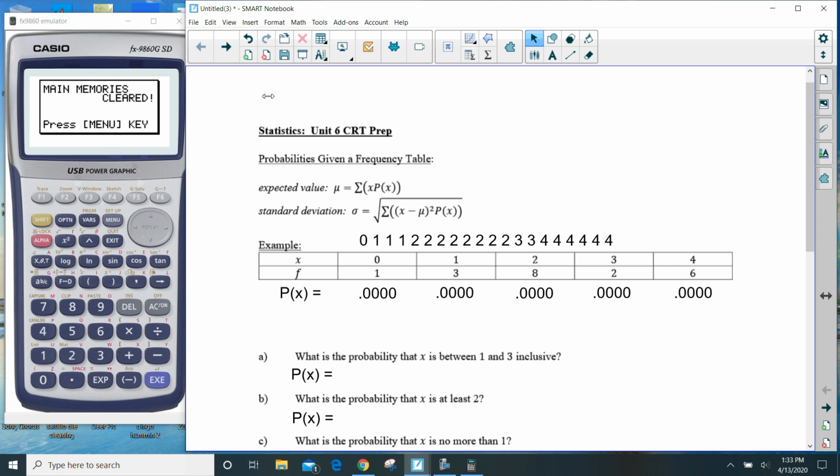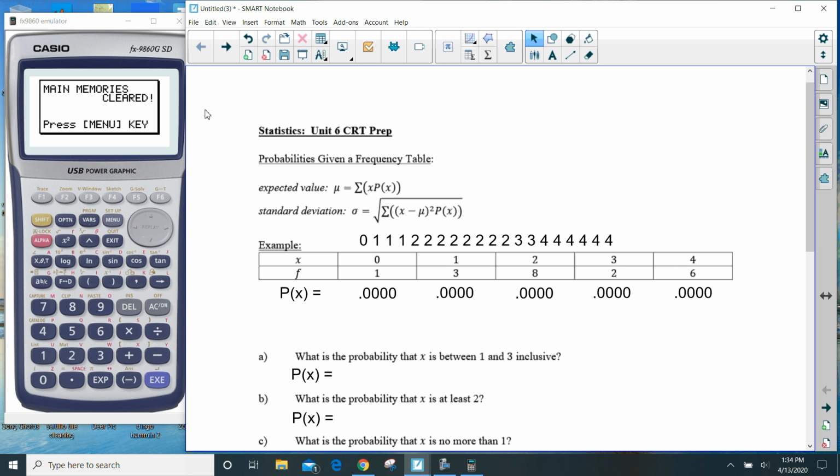Secondary note: this Casio calculator. If you're using your own device, like I'm using my own personal computer, you're able to download and install things. You're able to get this calculator through the links I've provided in the classwork portion of Google Classroom.